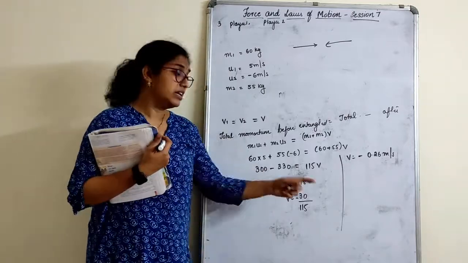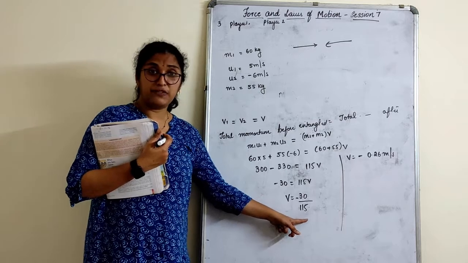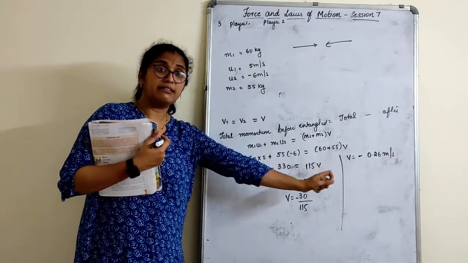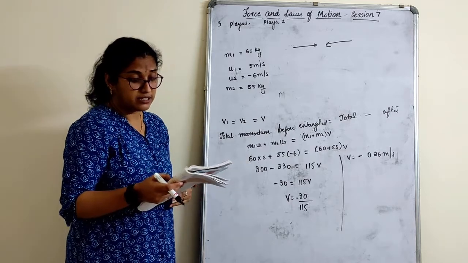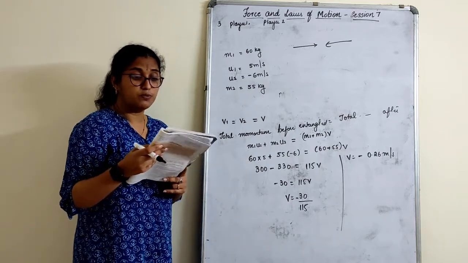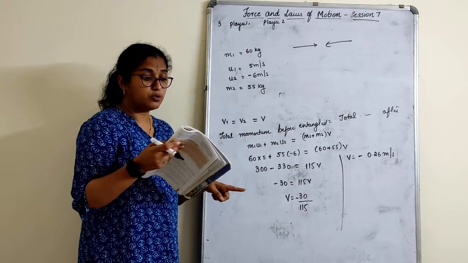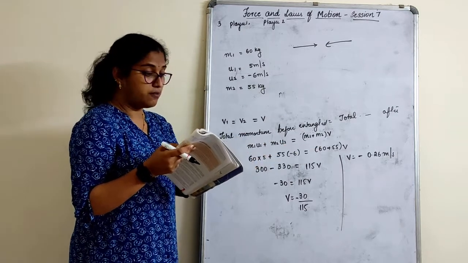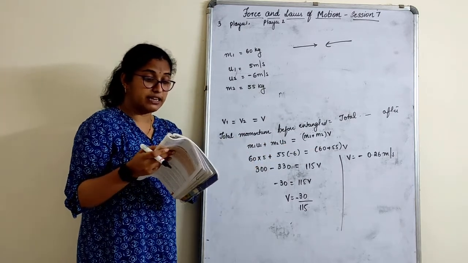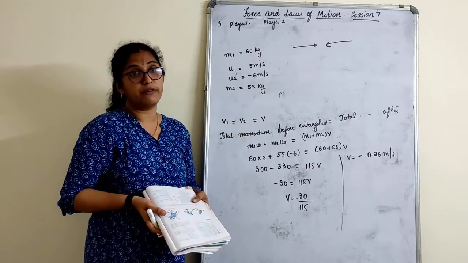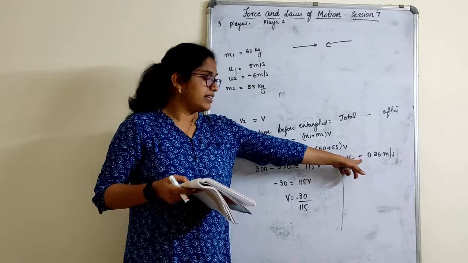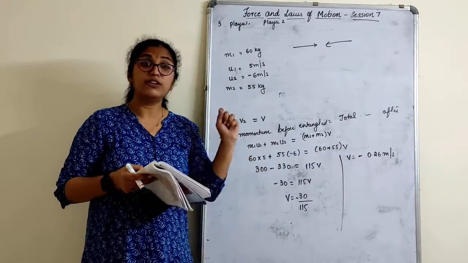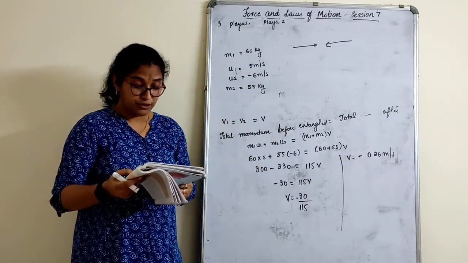Cancel with the simplest fraction and start dividing by writing the tables, right? So the conclusion is given here. Thus, the two entangled players would move with a velocity of 0.26 meters per second from right to left, that is in the direction the second player was moving before collision. Direction is not important to write. When you have written this minus sign, it is understood in which direction they are moving, right?